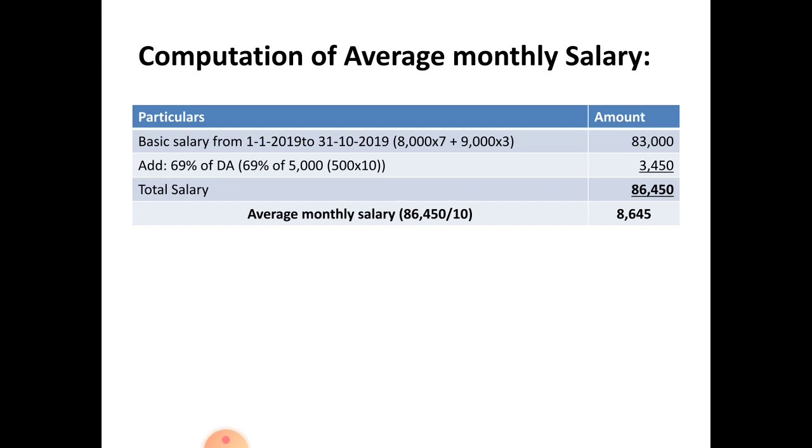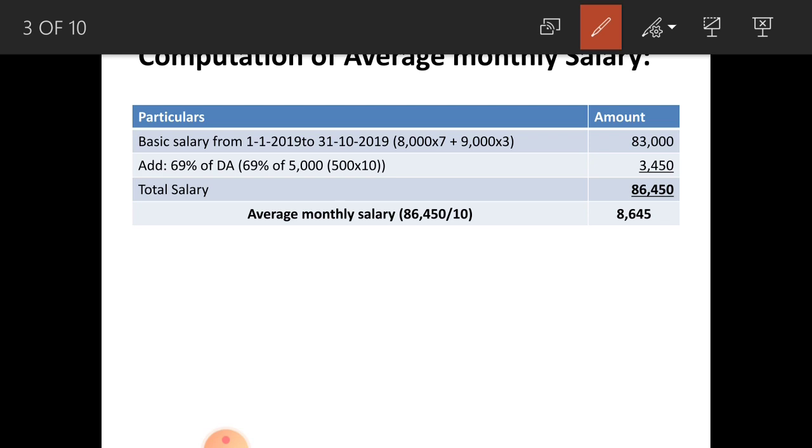For the last 3 months his salary was 9,000 per month, and before that 7 months his salary was 8,000, because in the problem they clearly mentioned that from 1st August 2019 his salary was 9,000 per month. Before that 8,000, for that reason for 3 months 9,000 and for 7 months 8,000. The total of his basic amounts to rupees 83,000.